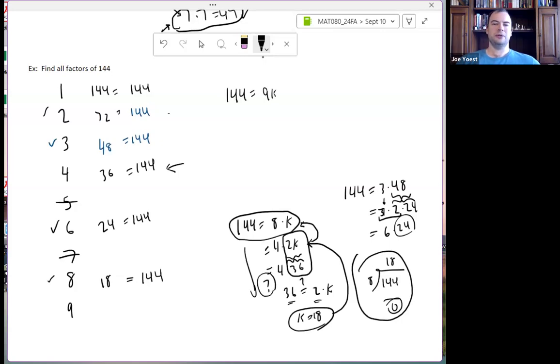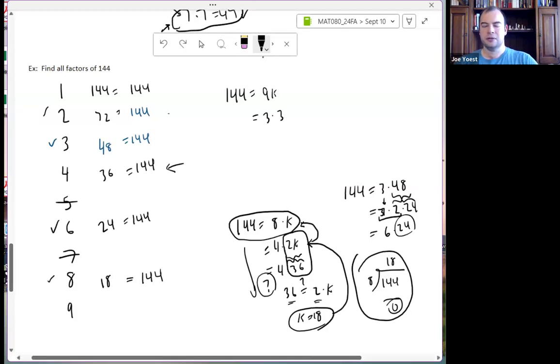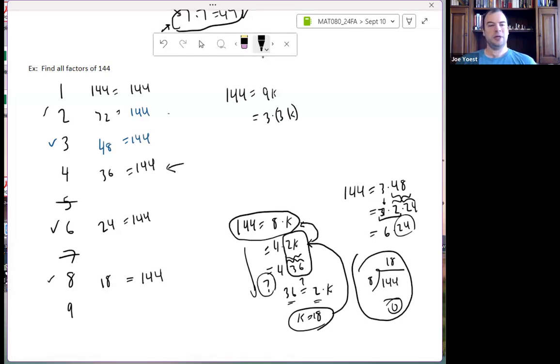So if 144 equals 9k, that's like 3 times 3k. But I know that 144 is divisible by 3. It's 3 times 48. I found that before.